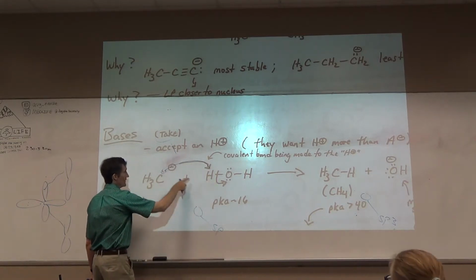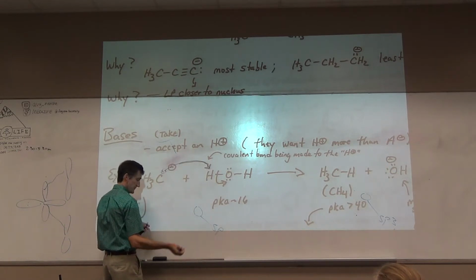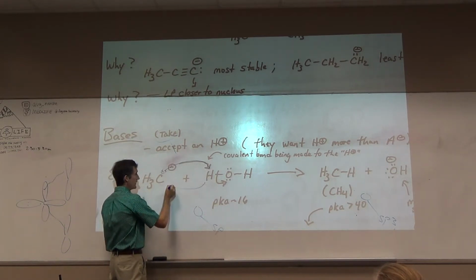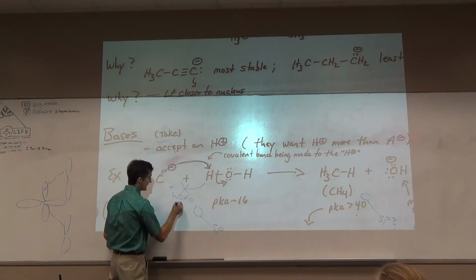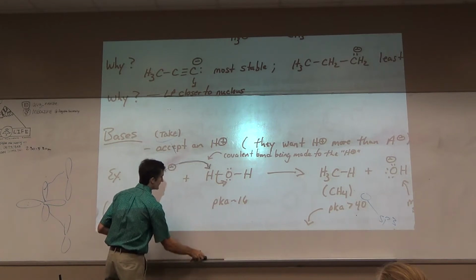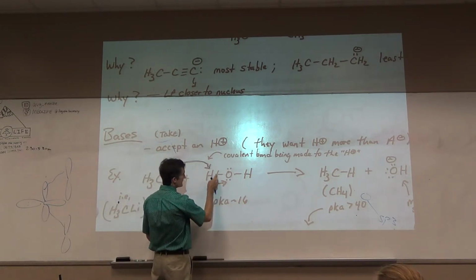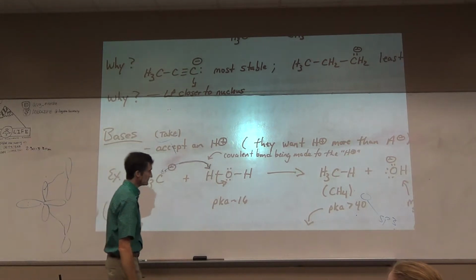They take the H. They don't accept it. Accept it is going to make you draw arrows this way, and then you're going to get it wrong. You're going to get a WDAM, and you're going to get like -5. You don't want that. You want to take the H. What happens here? These electrons move on to oxygen, the standard acid-base mechanism.